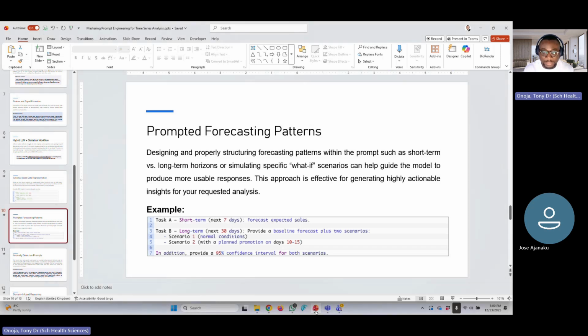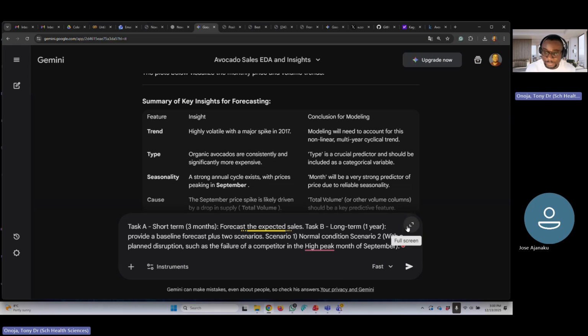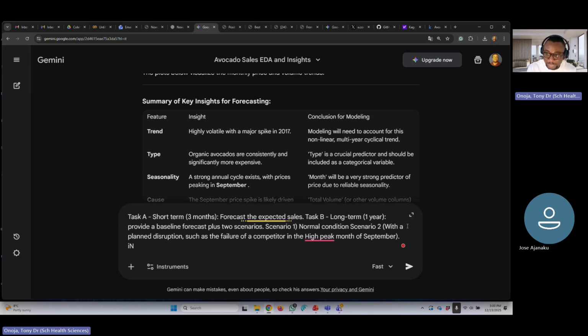In addition, provide a 95% confidence interval for both.